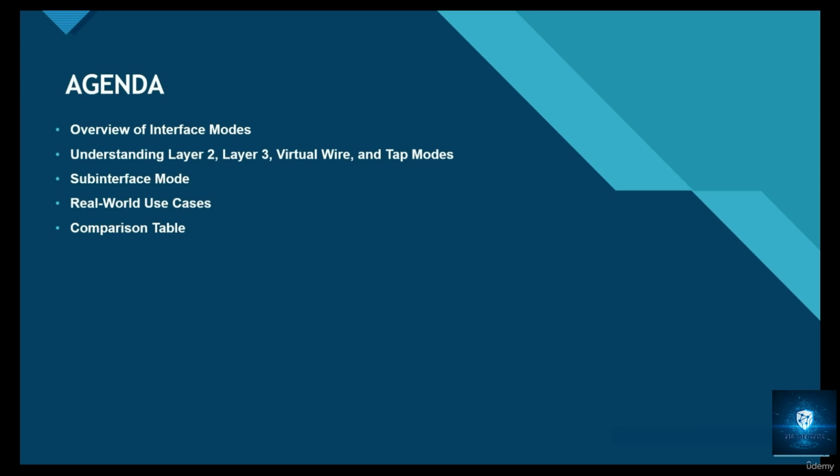Now, what would be the use case of this? You want to place a firewall between two networks and network switches without changing the IP address schema. This would be one of the use cases. So you already have a network. Let's say you have network 1 and network 2, or maybe the same network, it doesn't matter. This is your PC on this one, and this is your PC on this one.